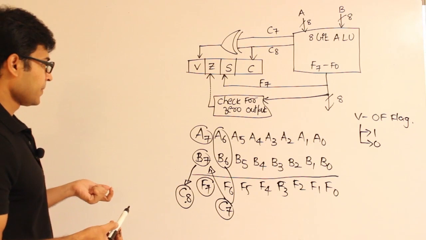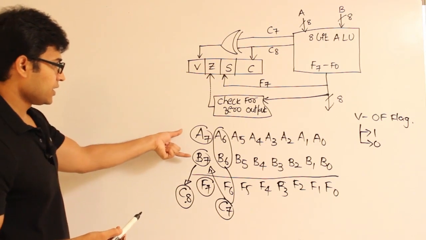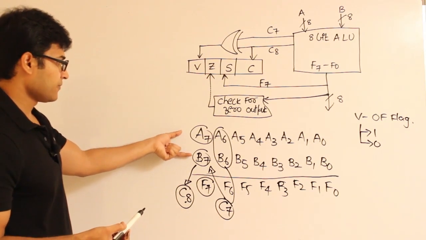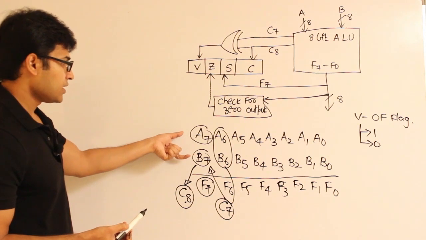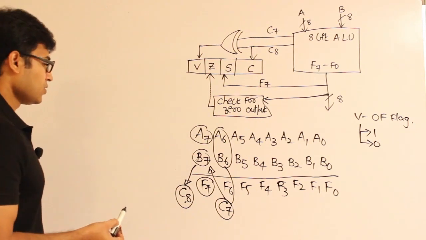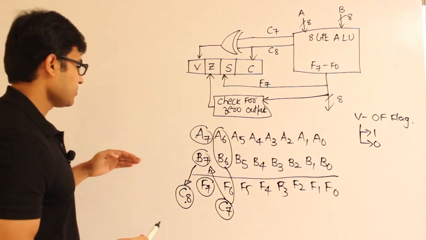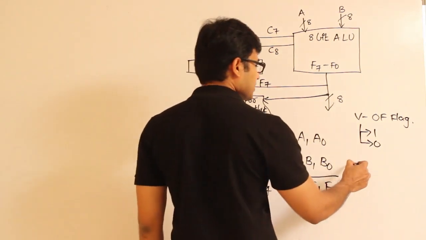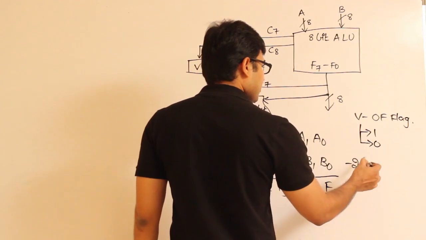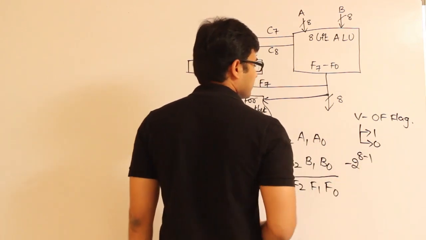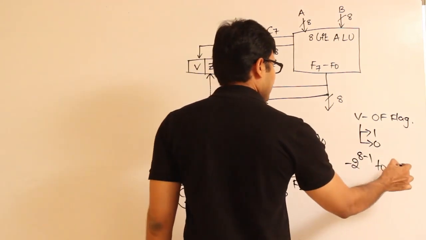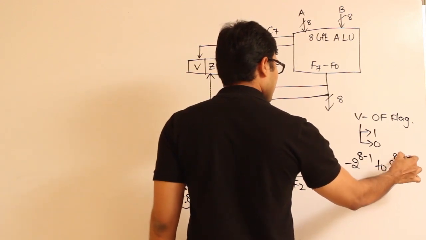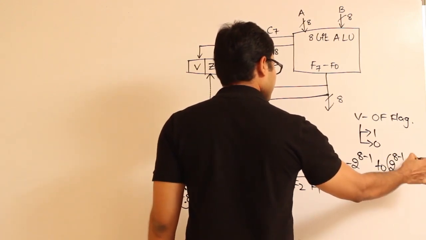So for example, if you are thinking of it as 8-bit arithmetic, it means that we can represent numbers only using 8 bits. Using 8 bits, the minimum 2's complement number possible is minus 2 power 8 minus 1, and the maximum number is 2 power 8 minus 1, minus 1.